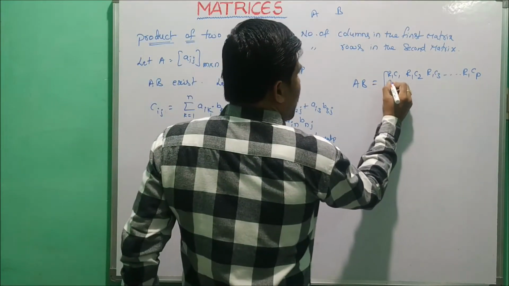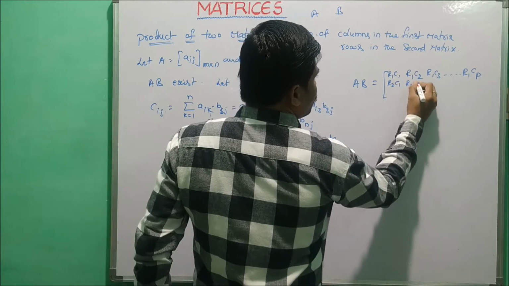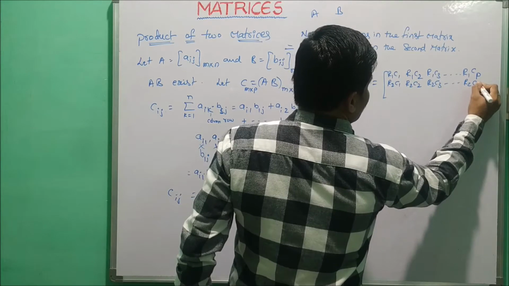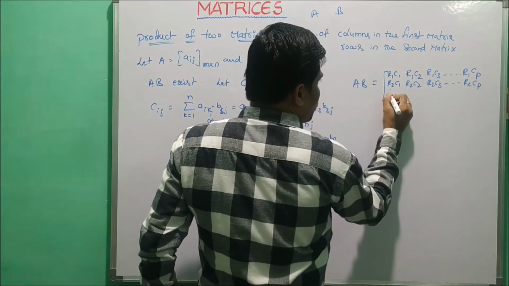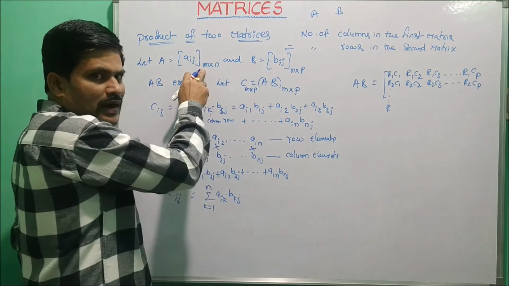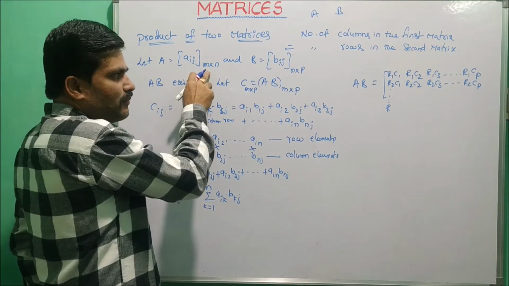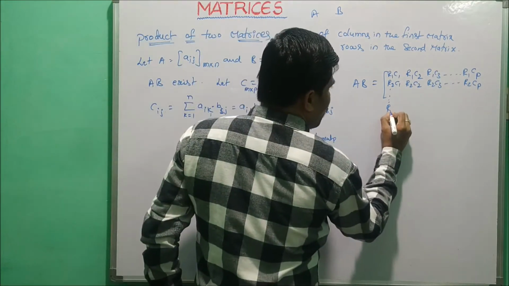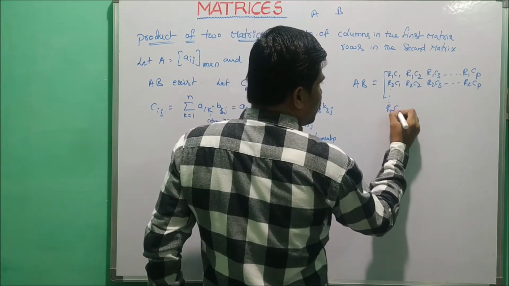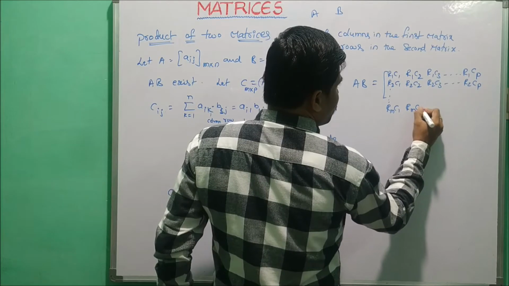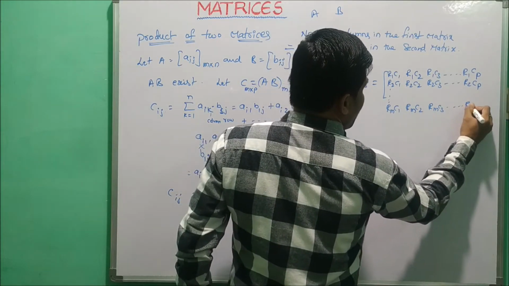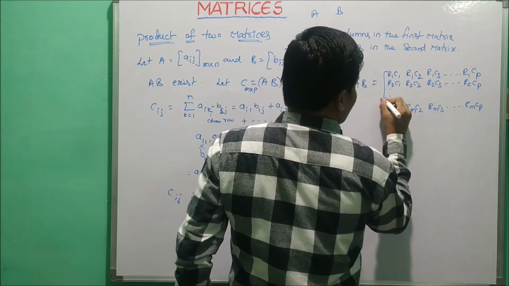Similarly, R2 C1, R2 C2, R2 C3 and so on, R2 Cp. Similarly, the number of rows in the first matrix is m, so the last row is Rm C1, Rm C2, Rm C3 and so on, Rm Cp.